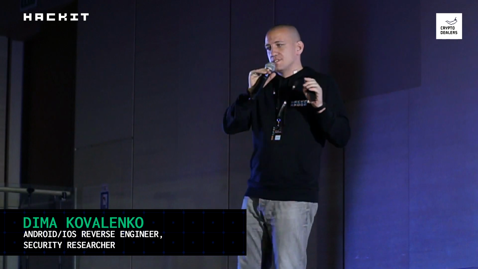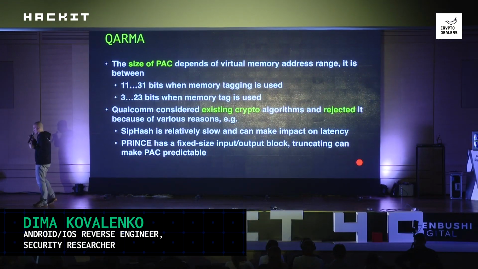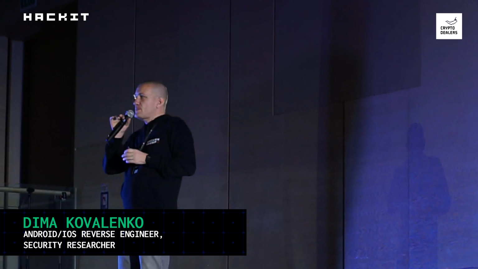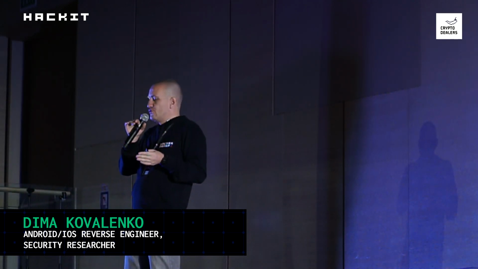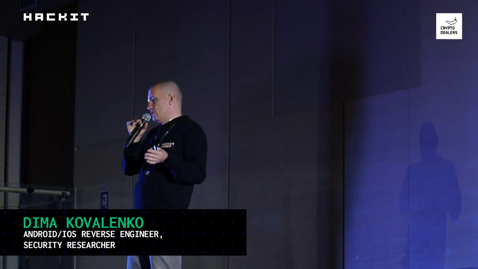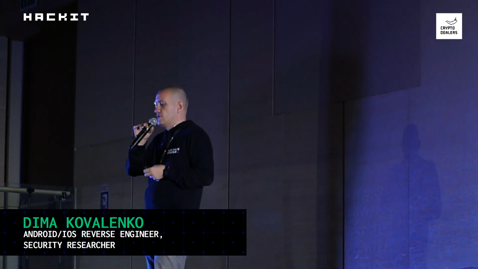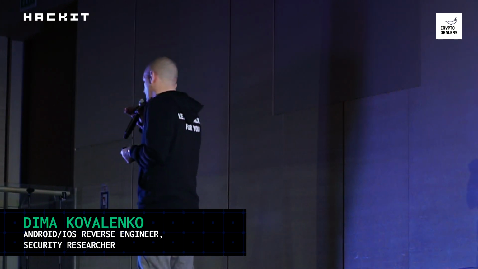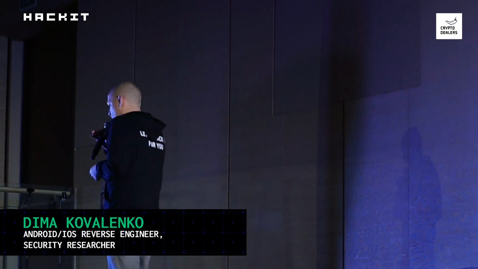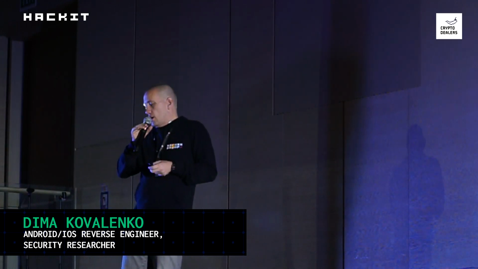What's special about Qarma? First of all, it can give us various output sizes from 3 bits to 23 bits if memory tagging is used, and from 11 bits to 31 bits when memory tagging is not used.